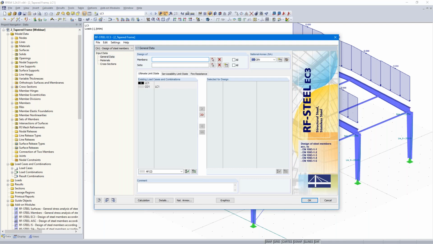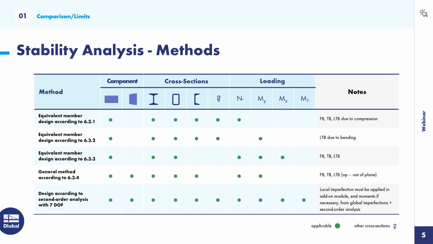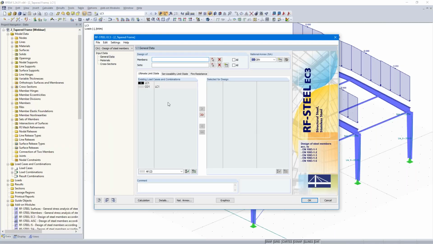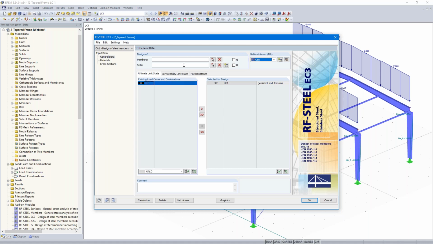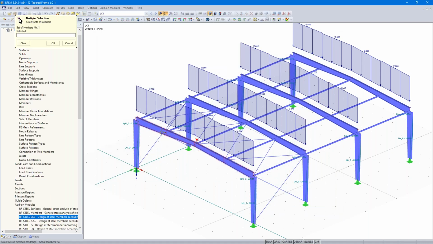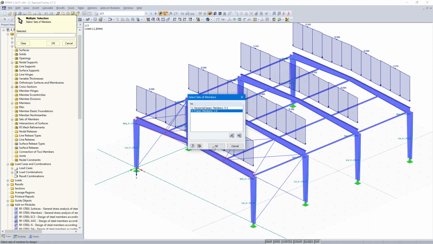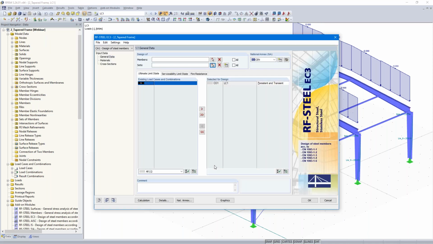But before I enter anything here, I go back to the PowerPoint slide. Now we've got non-uniform components, and therefore we can only apply the general method and not the equivalent member method. Okay, back to the program. Same settings, load combination, CEN here, set of members 4, the whole frame.